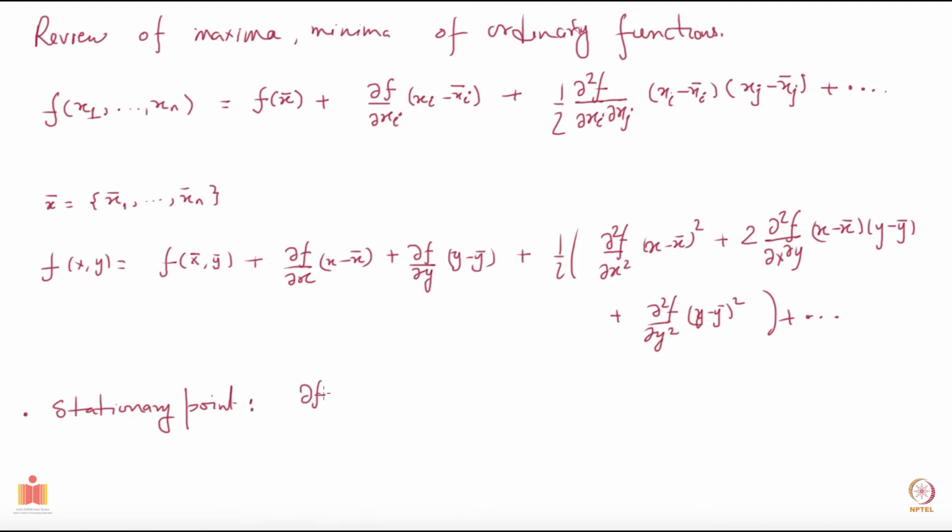If all the del f over del xi are 0, which is equivalent to saying that the gradient of f is 0, then that point is called stationary. Let's say this happens at some point x bar, where x bar is x1 bar, x2 bar, and so forth. Then this point is called a stationary point.